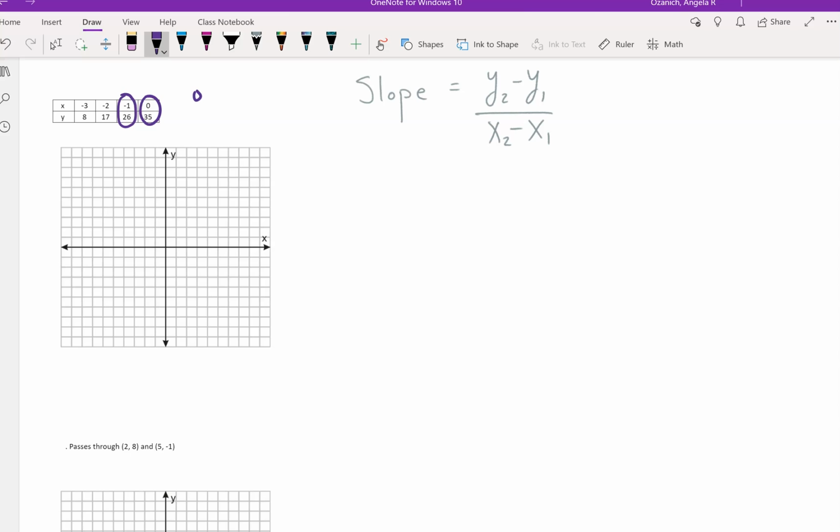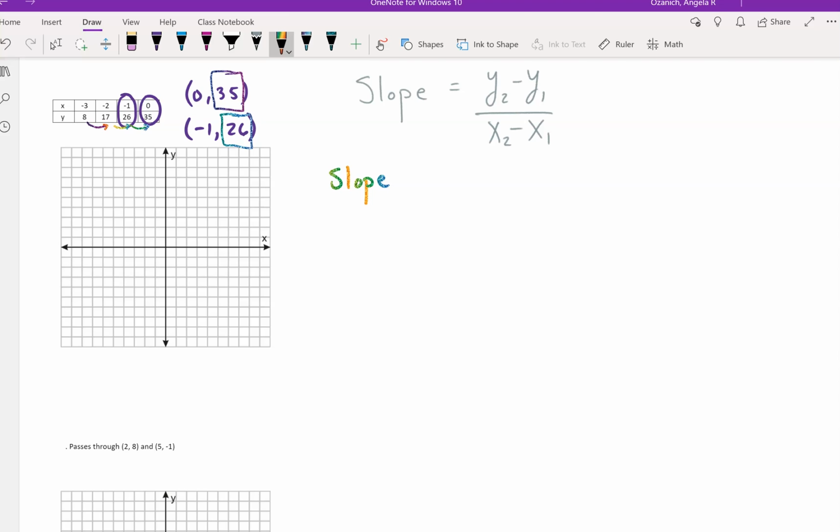So this is the point (0, 35) and the point (negative 1, 26). And I'm going to put my y values in the numerator and subtract those. I know my slope for this table, it looks like it's going up by 9 and then up by 9 again, then up by 9.